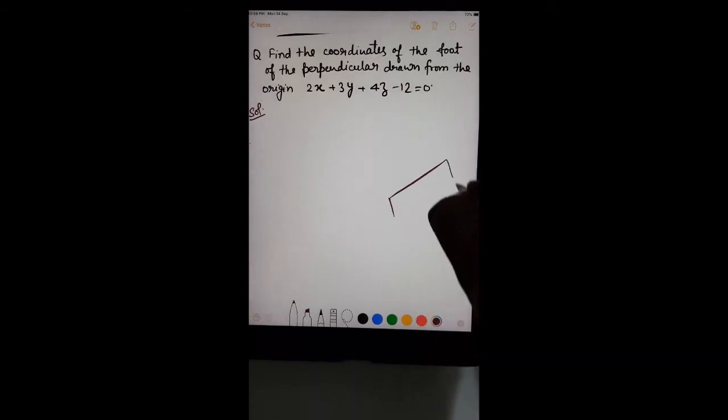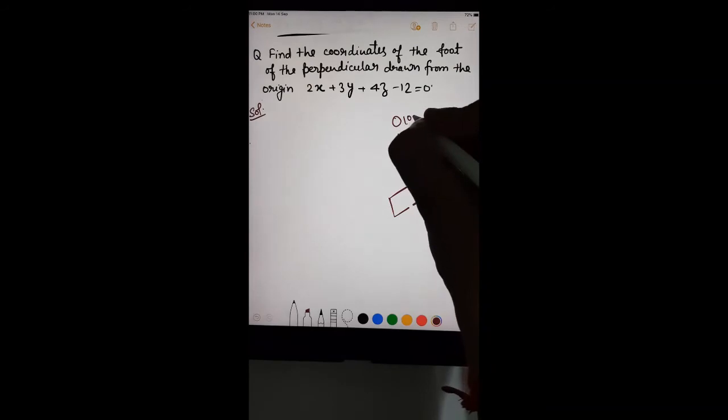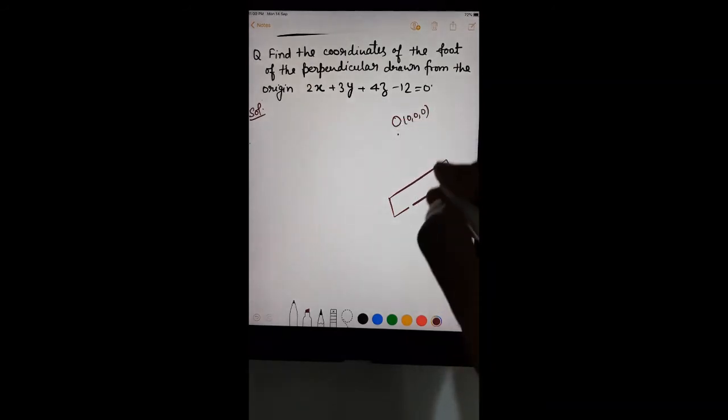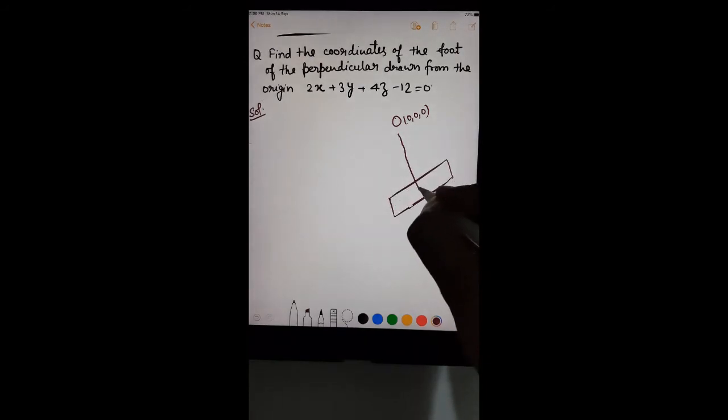See, this is the plane and this is the origin. The coordinates of origin are 0, 0, 0. So we have drawn a perpendicular to the plane.